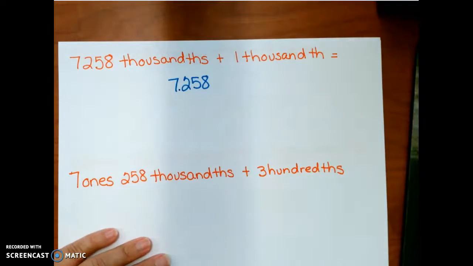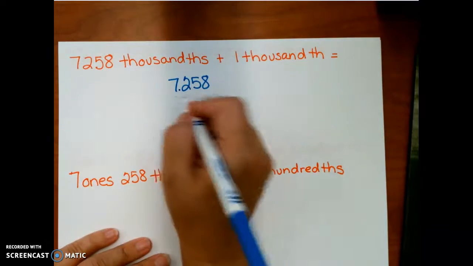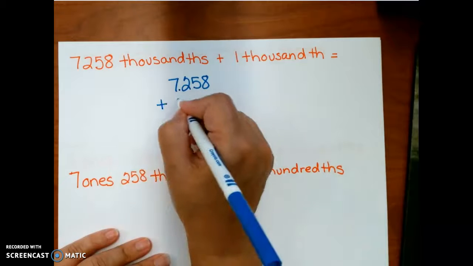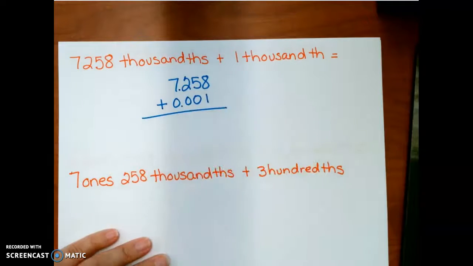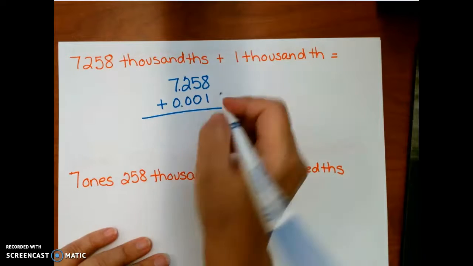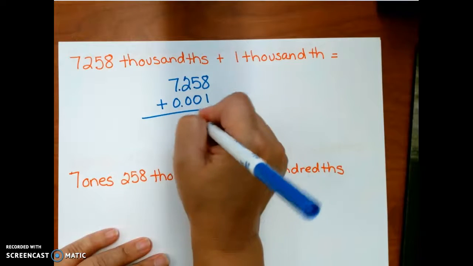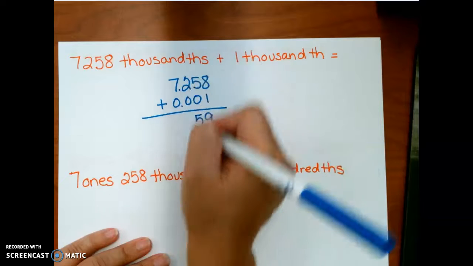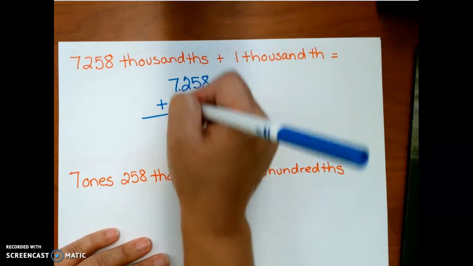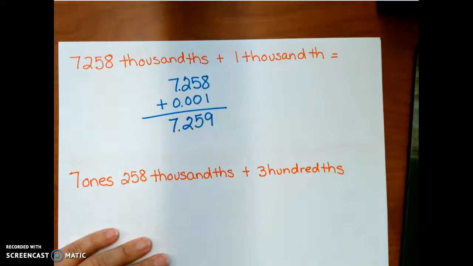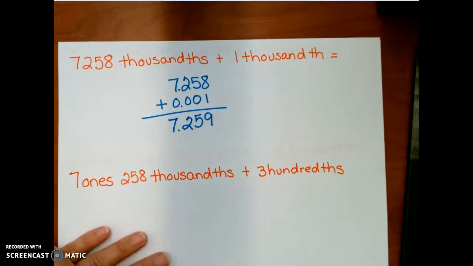Right after my 7, plus 1 thousandth. In standard form looks like that. So what does that equal? 8 plus 1 is 9, 5 plus 0 is 5, 2 plus 0 is 2, 7 plus 0 is 7. So in standard form, it would be 7 and 259 thousandths.